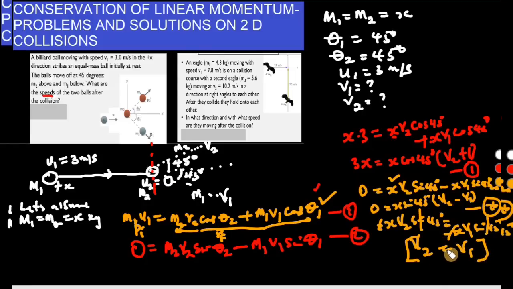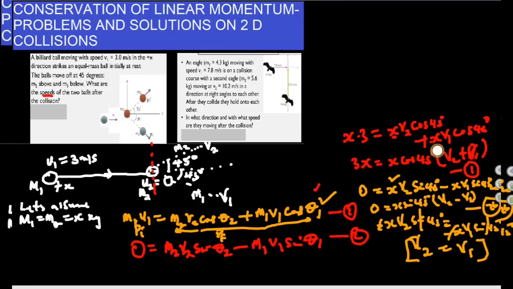And if the final velocities are the same, what is this velocity now? If we look at equation 1, since v2 equals v1, let's write this again: 3x equals x cos 45 degrees times v2 plus v1. This is from equation 1.